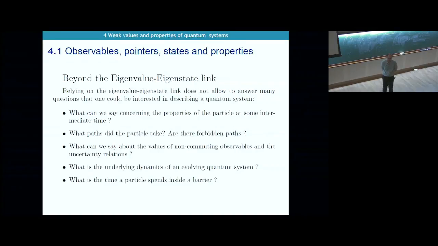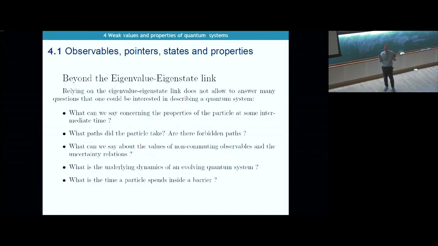We are able to get a little bit of information on the value of the observable conditioned on the initial state, as we're used to, and also a particular final state that you have to filter to select. So these are the types of questions that we could answer with weak measurements that have no answer if you only rely on the eigenvalue link. You are allowed to do that.